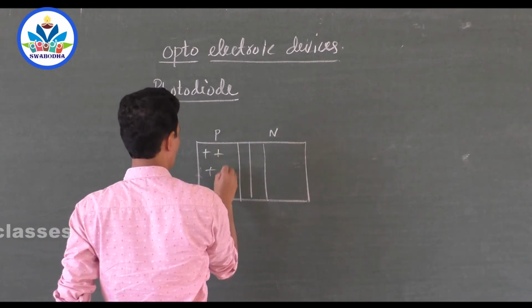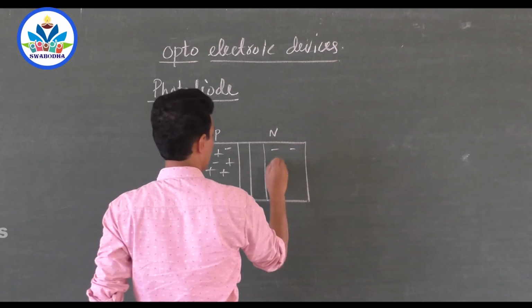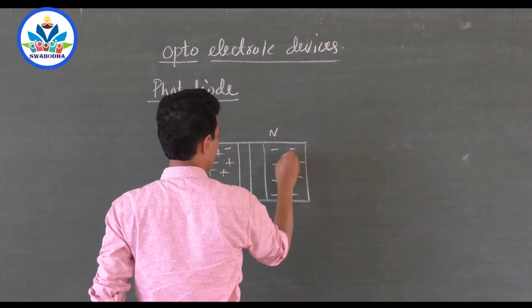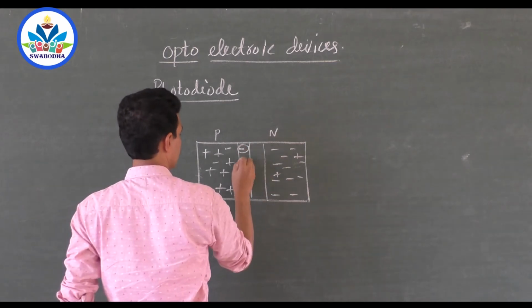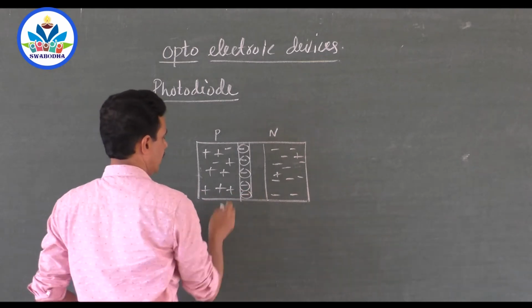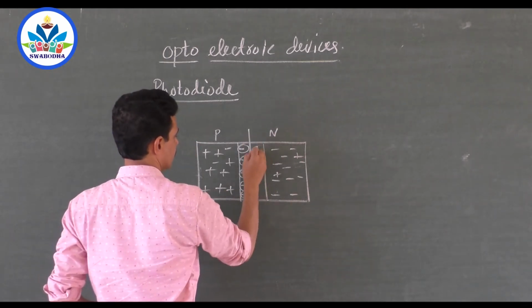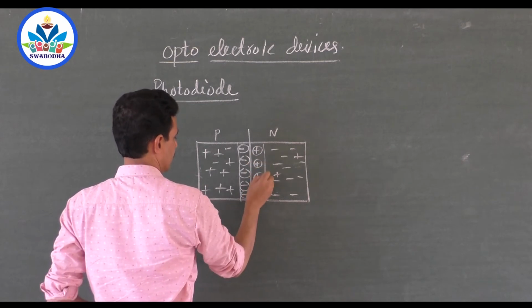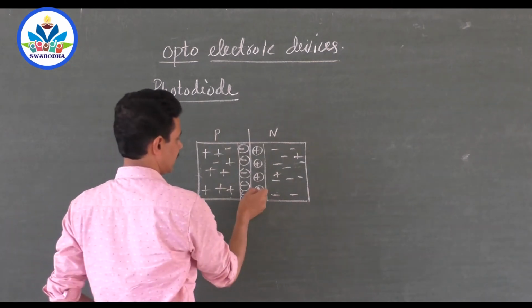Here you have holes and very few minority carrier electrons, and here you have many electrons and minority carrier holes. These electrons migrated here make the trivalent atom negatively charged, and since they have left, this becomes positively charged, making the pentavalent atom positively charged.